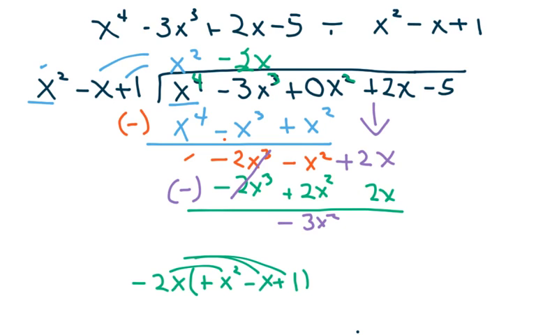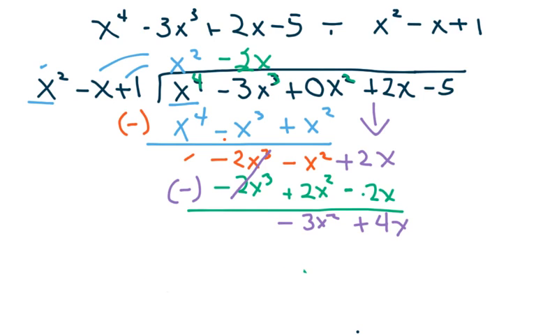And then we're going to get positives, because you have 2 minus a negative 2x. That's going to be positive 4x. Alright? Now, you're going to bring down the 5. I'm going to bring down this negative 5 here. Minus 5. And we're going to repeat it one more time.